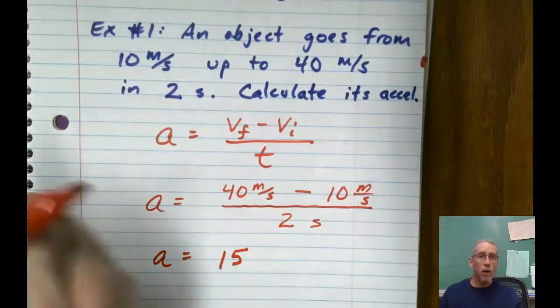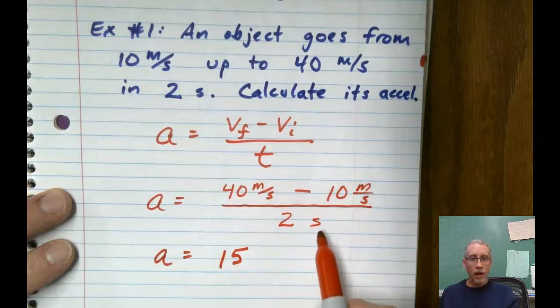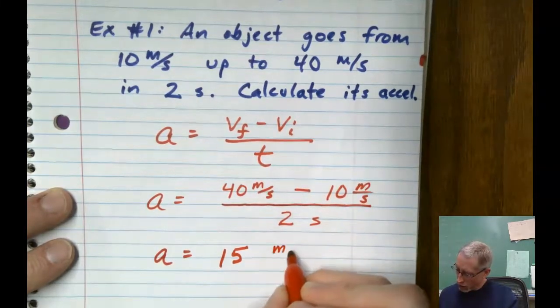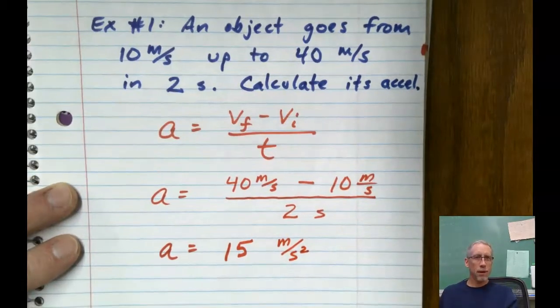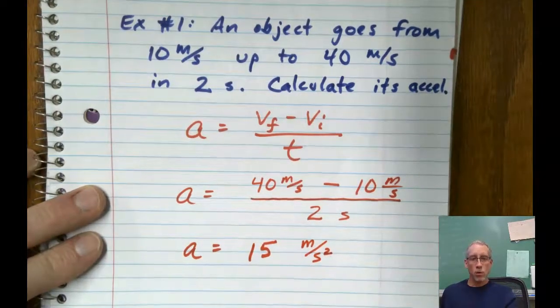And of course, these have units, probably units you haven't heard of before. Meters per second on top divided by seconds gives us a kind of interesting unit. We say meters per second squared. Okay? Meters per second squared. We just put a little exponent of 2 on the seconds.